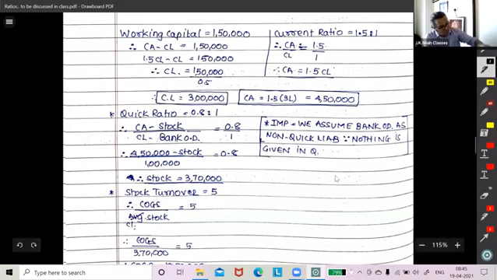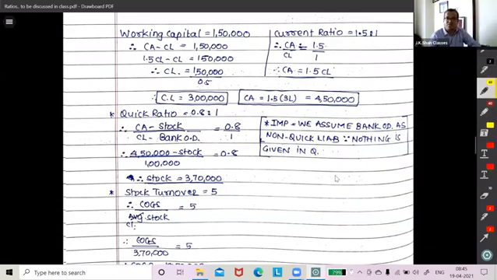What you all have done in the process: stock is definitely a non-quick asset. But then we discussed that most of the time we'll subtract bank OD, taking it as a non-quick liability, right? Tell me, students, all of you proceeded in this way only, by taking bank OD as a non-quick liability, right?